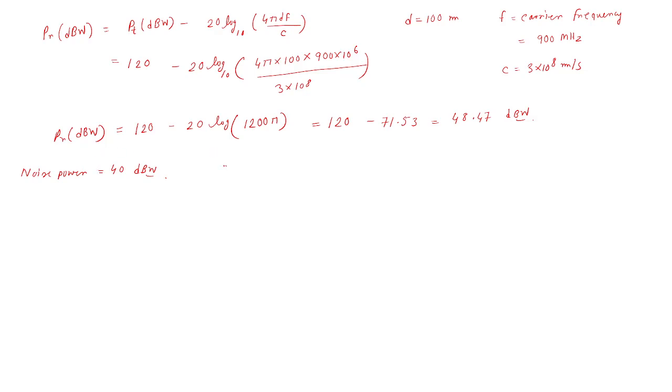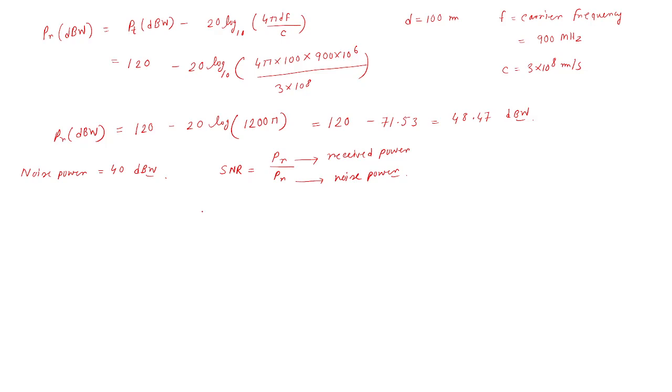So if you remember the SNR expression from the lecture, it is nothing but PR over PN. PR is your received power and PN is noise power.